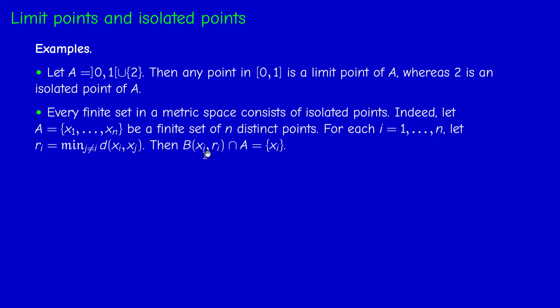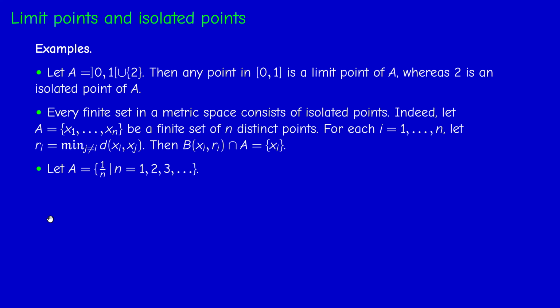Therefore, xj must be equal to xi. I suggest that you draw a picture. Ri is the biggest such radius, so anything smaller would do. So if you have finitely many points, we can isolate each one by a small ball.